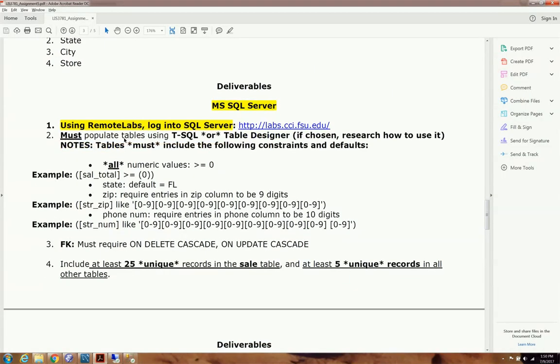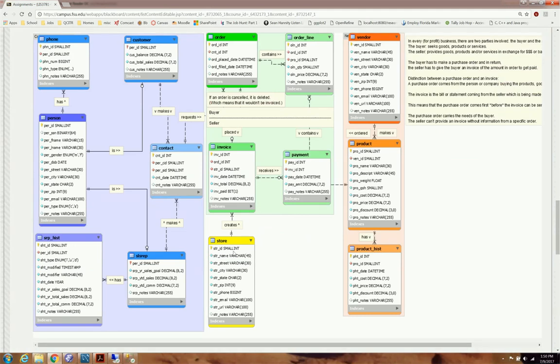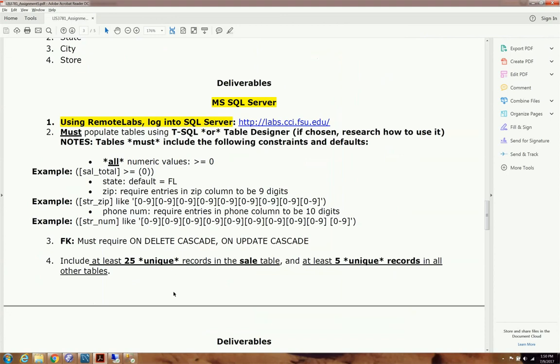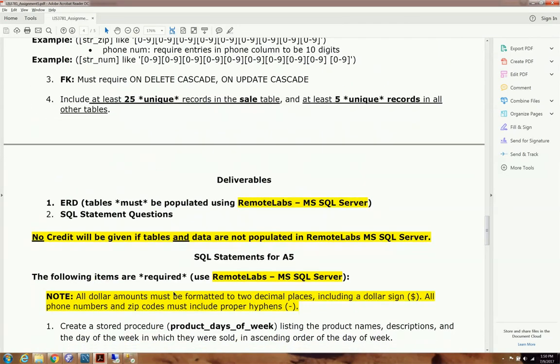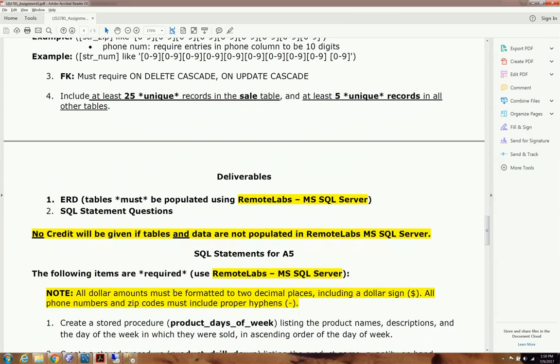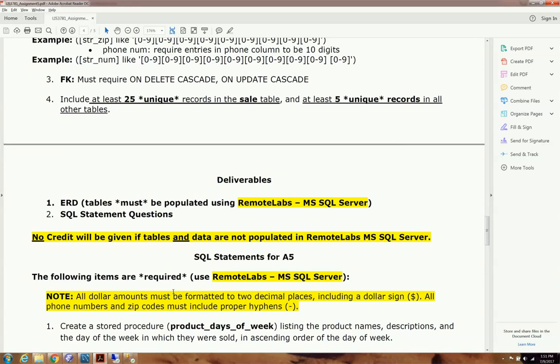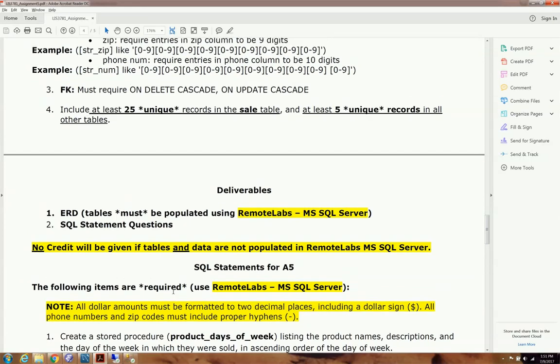So 25 unique records in the sale table. Okay, I'll go into the differences between A4 and A5, and then also we're going to go into the SQL statements, the stored procedures, excuse me, in another video.